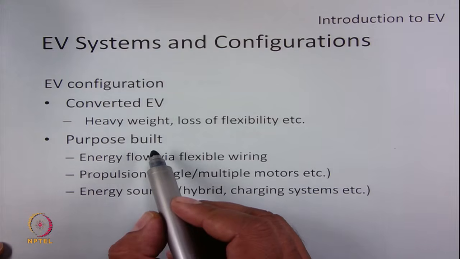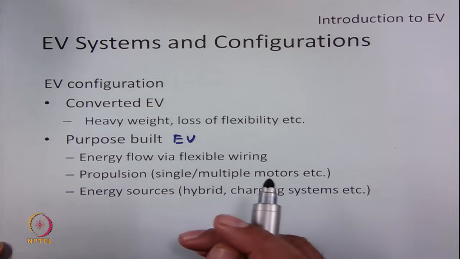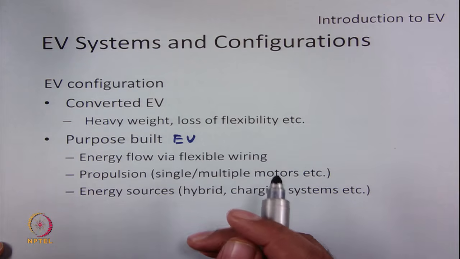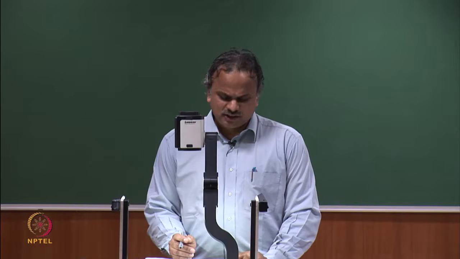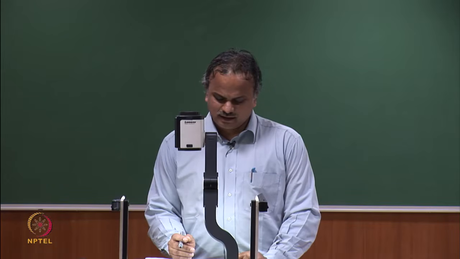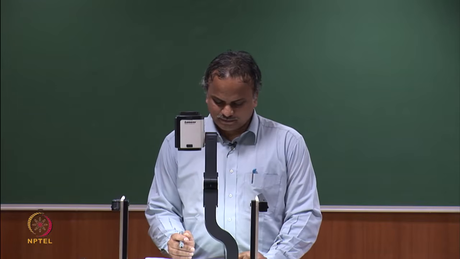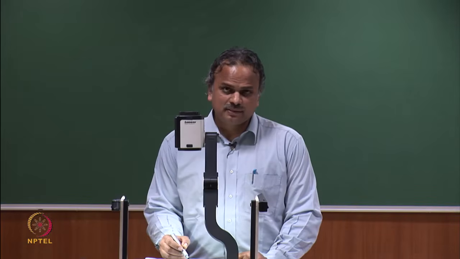A purpose built EV means the body and the frame of the vehicle are newly designed such that they take into consideration the structural requirements of the EV, and it also uses all the flexibility the EV system offers. So, let us see what kind of flexibilities and requirements are needed in the design of a purpose built EV.